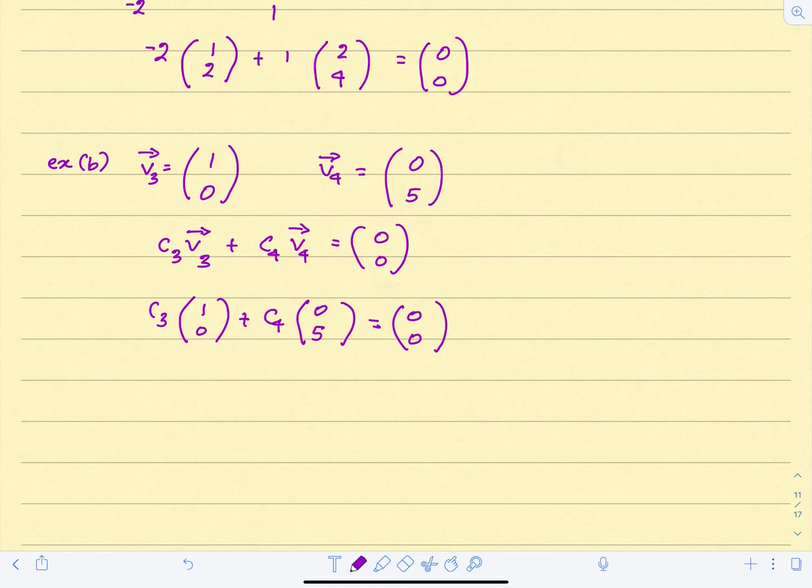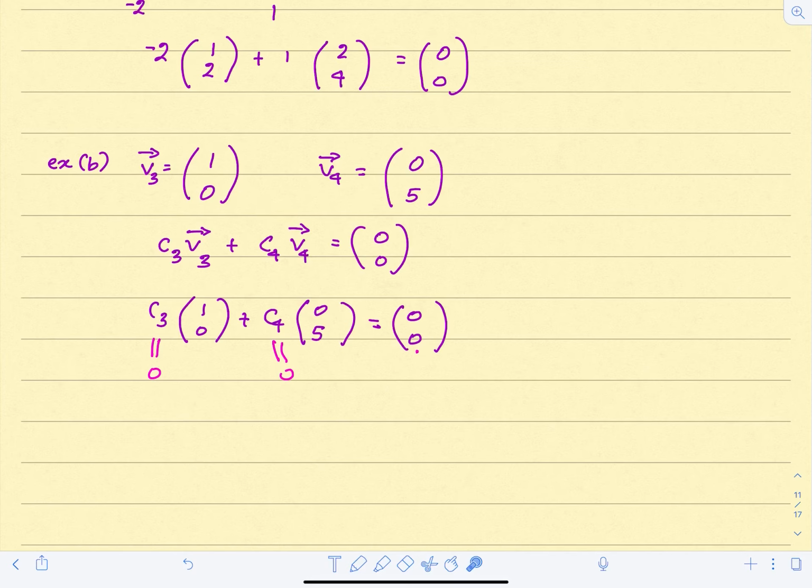Well, as you can see, if you want this first component equals to 0, then clearly the c3 value must be 0, and if you want the second component equals to 0, then c4 must be 0 as well. And that's the only way to get the zero vector from a linear combination of these two vectors. So mathematically, these two vectors are linearly independent.